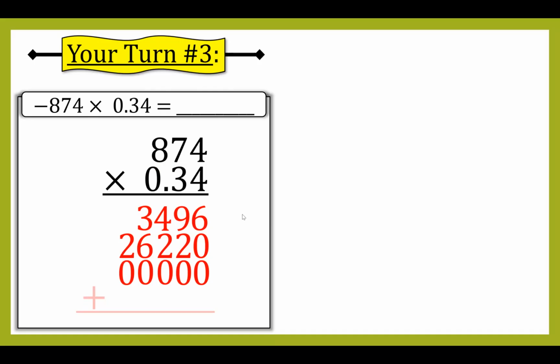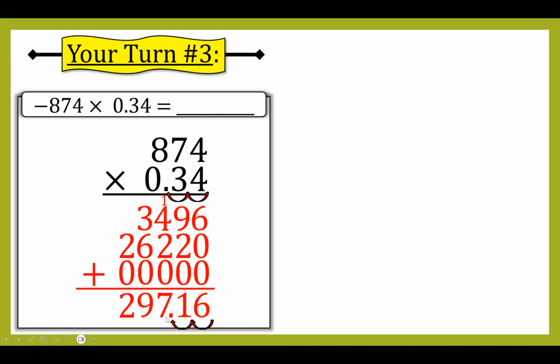I'm going to add, so 6 plus 0 is 6. 9 plus 2 plus 0 is 11. 1 plus 4 plus 2 plus 0 is 7. 3 plus 6 plus 0 is 9. And 2 plus 0 is 2. And I come up here and look, I move 1, 2. Okay, so I have 2 digits to the right. So I go over 1, 2 and put my decimal point.